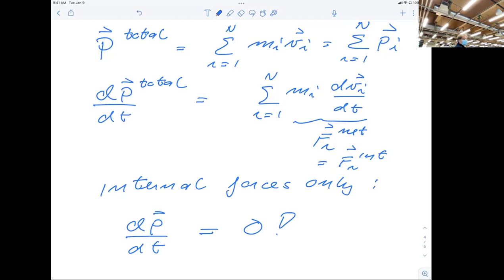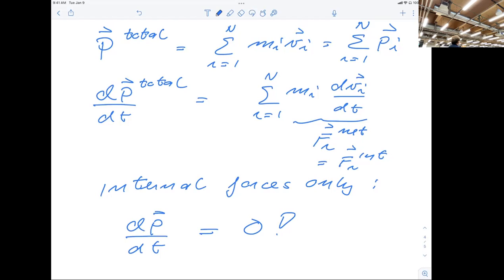So these are very important relations when we do science. If you have a problem where you only have internal forces, then you know without having done any calculations, you don't need to do it. You just say, I know with internal forces only, the total force is equal to 0.